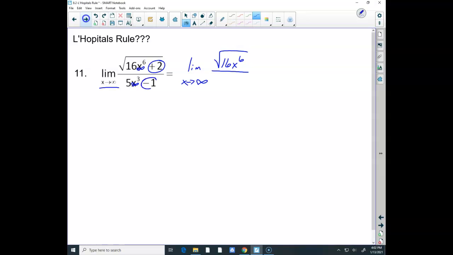Over this -1, really not going to be there. I'm really looking, again, at my big shooters. And then I can look at this as the limit as x goes to infinity. Ooh, do I know what the square root of 16x to the 6th is? That's like a 4x cubed, isn't it? Over a 5x cubed. And then I'm like, whoa, this is kind of weird.